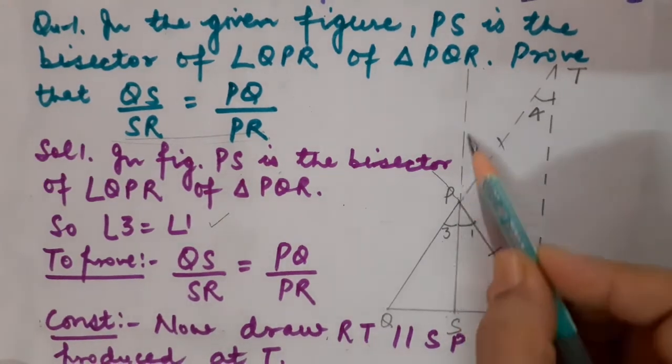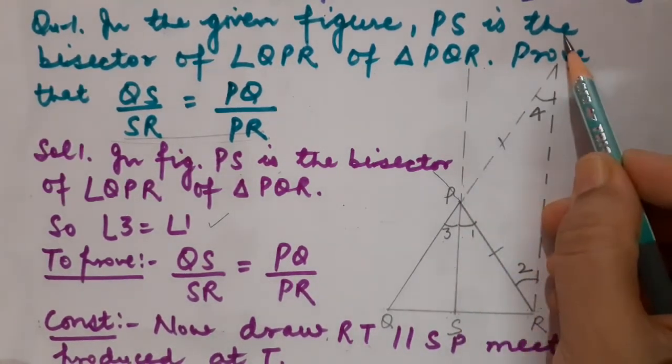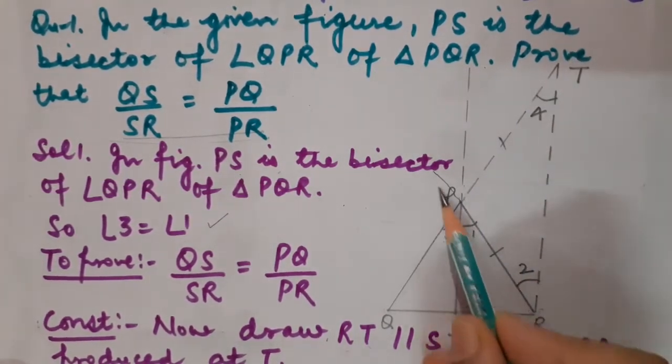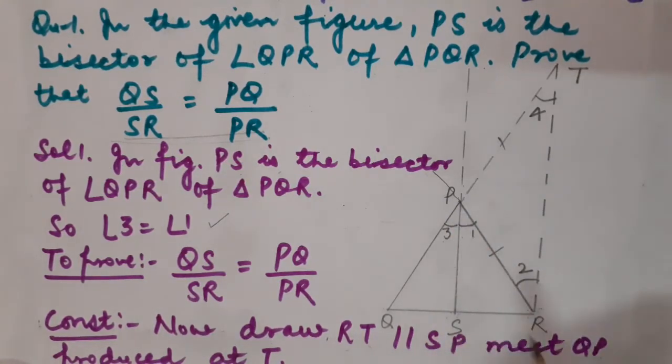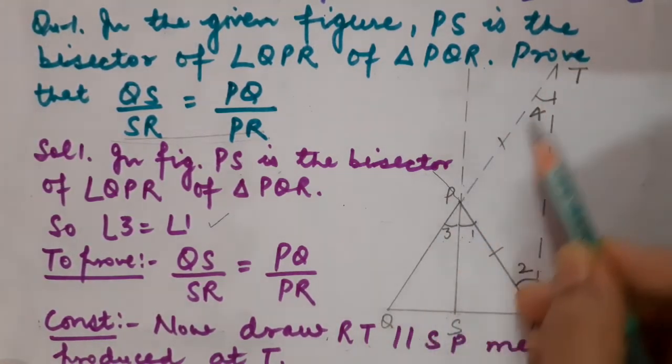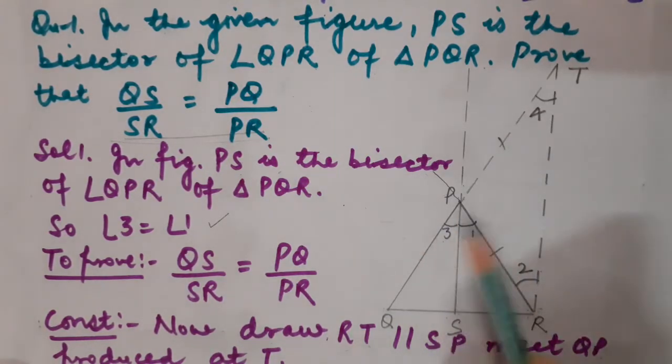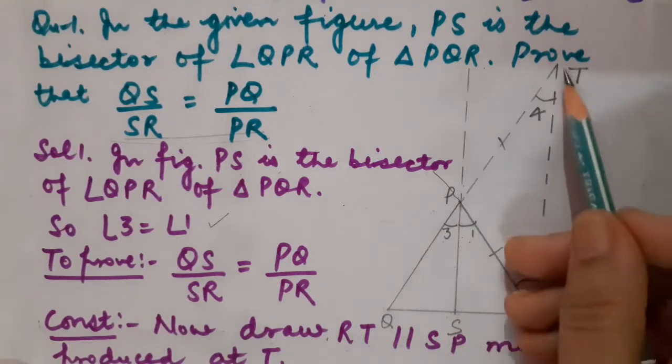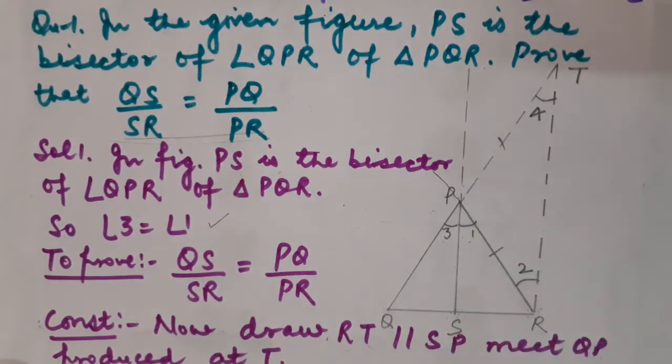Because SP and RT, they both are parallel lines. One transversal is PR. On the basis of PR transversal, we have reached the condition that angle 1 is equal to angle 2. Now QT will also act as a transversal line because it is also going to intersect both the parallel lines at point P as well as point T respectively. Correct?